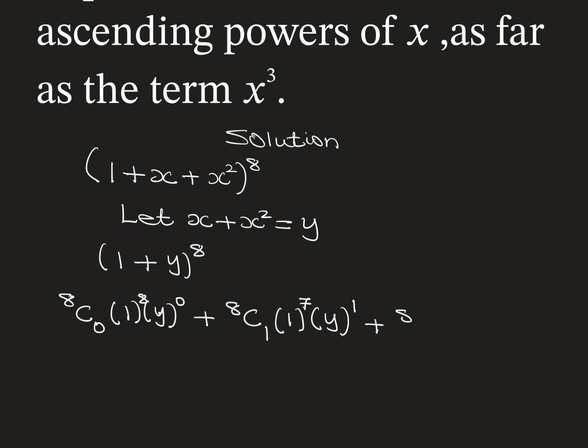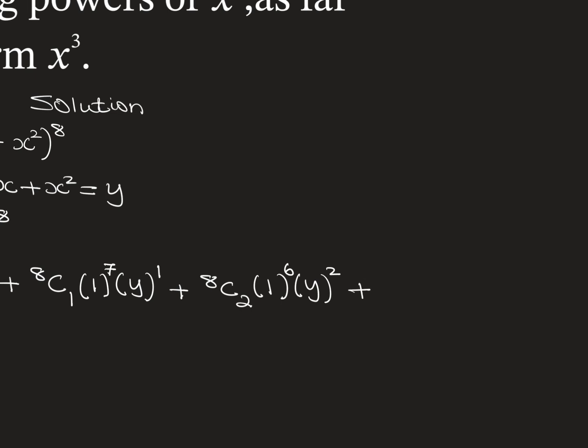Plus 8 combination 2 into 1 into y. So this time 1 will be power 6 and y will be power 2. Plus 8 combination 3 into 1 into y.